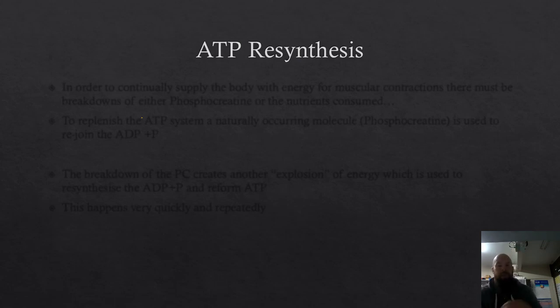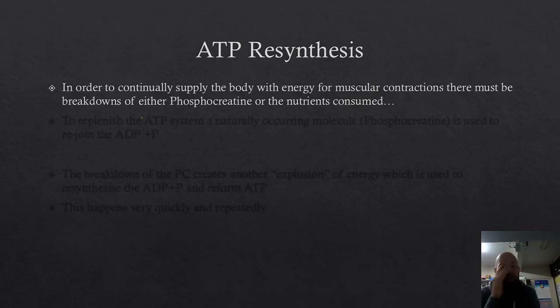Yeah, we were talking about ATP and how it's resynthesized. So in order for muscular contractions to keep occurring, there has to be a continual breakdown and replenishment, and that process needs to keep going. So it's either a naturally occurring substance like phosphocreatine, which happens naturally within the body.